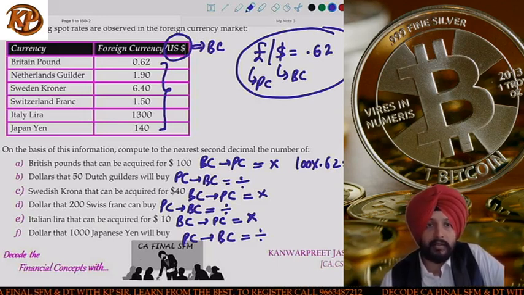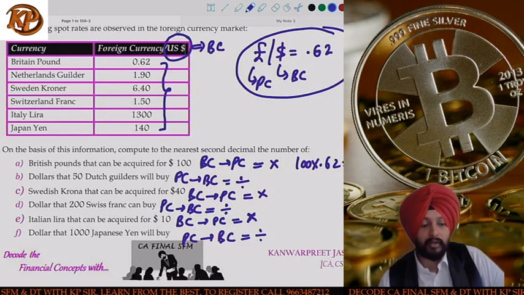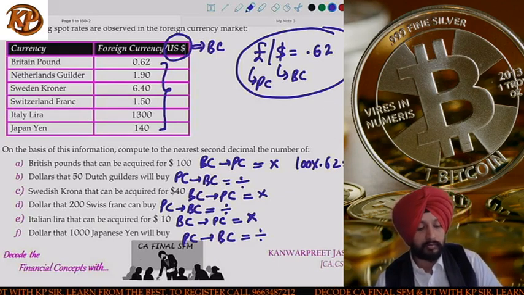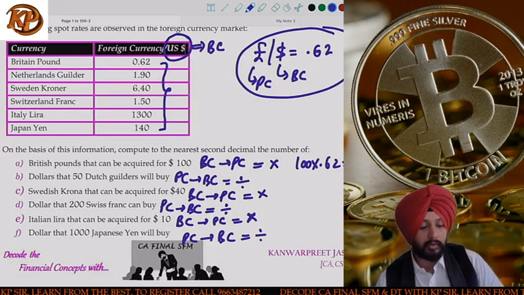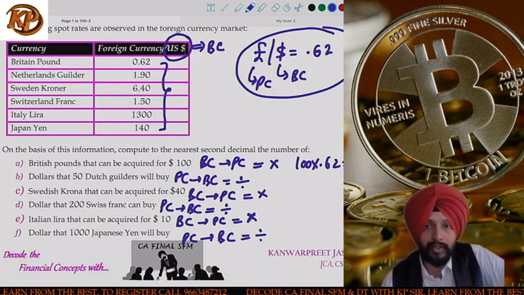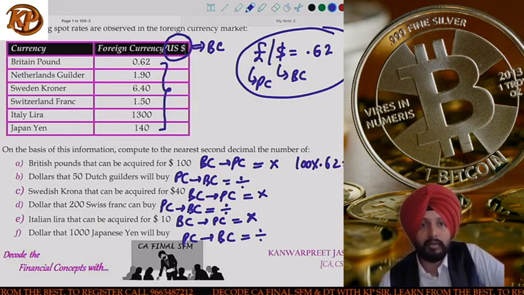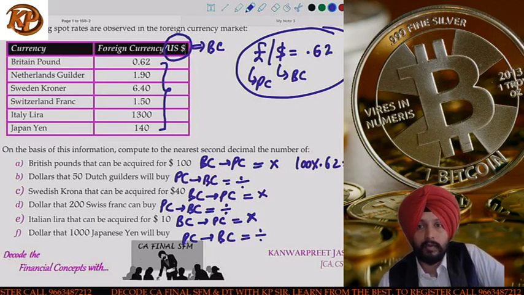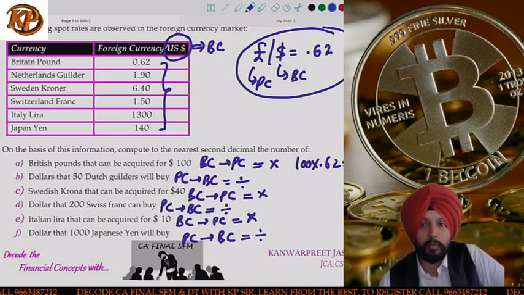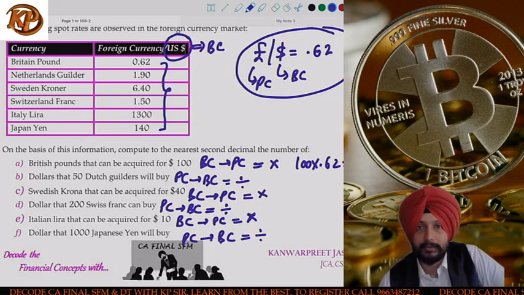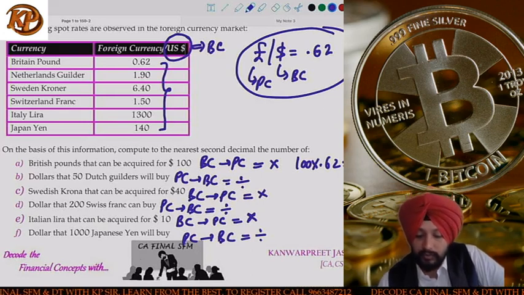C. Swedish krona that can be acquired: 40 into 6.40. This 256 you will get.